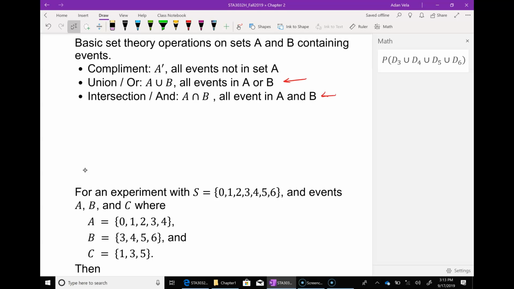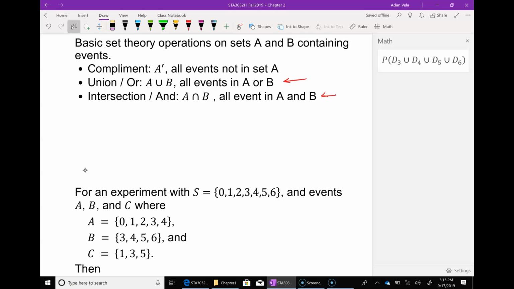Event A is getting 0, 1, 2, 3, or 4. Event B is getting 3, 4, 5, or 6. And event C is 1, 3, or 5. Again, a 7-sided die, which I don't think exists.